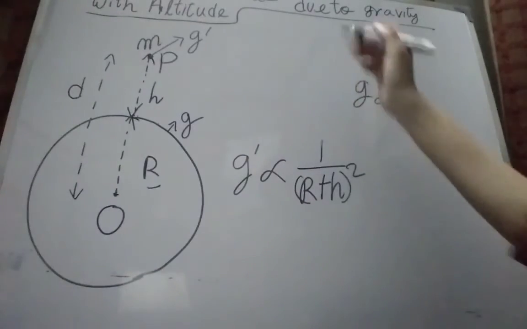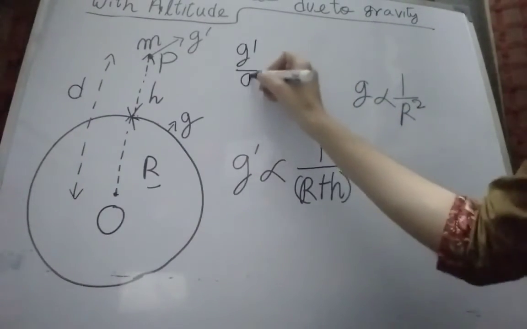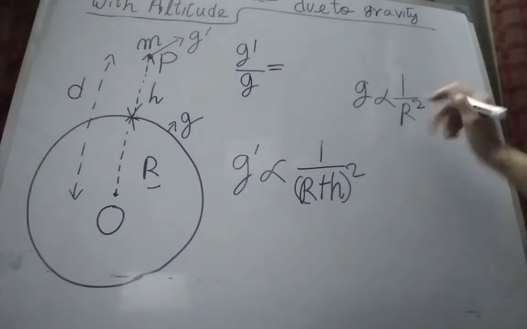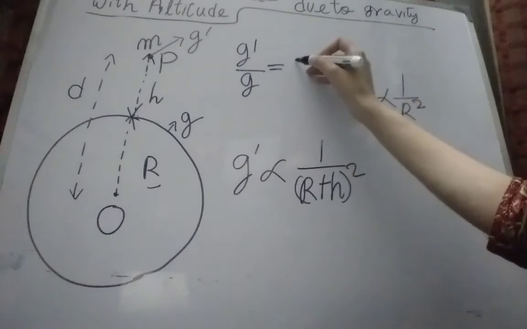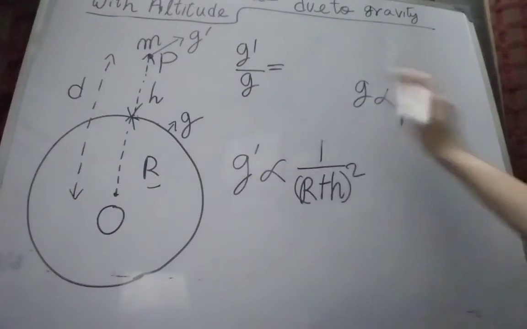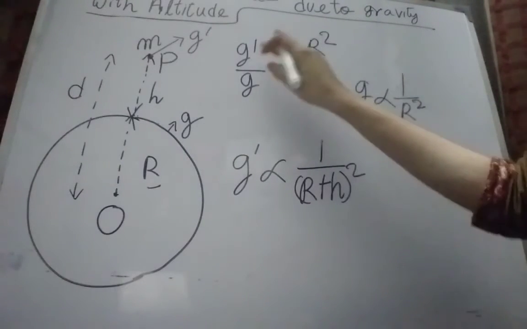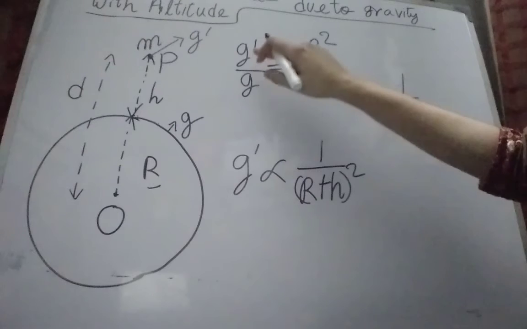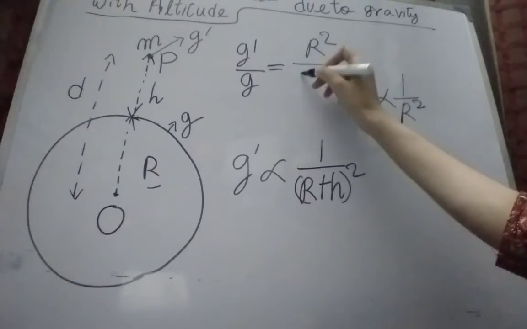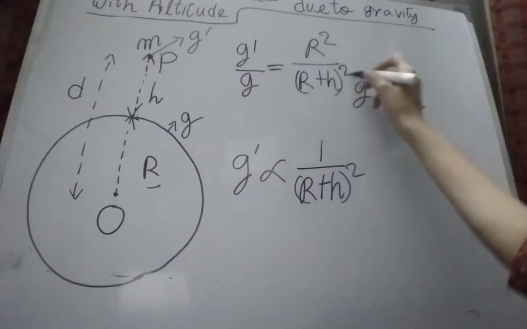From these two, if we write it like this, g dash by g equals, as this is inverse, as g is in the denominator, R square will be in the numerator, and as g dash is the numerator, (R plus h) square will be in the denominator.